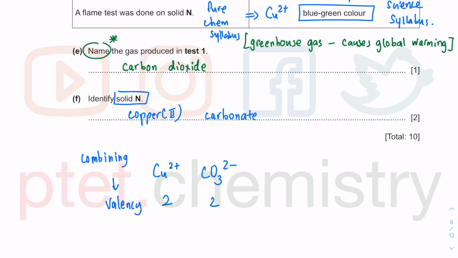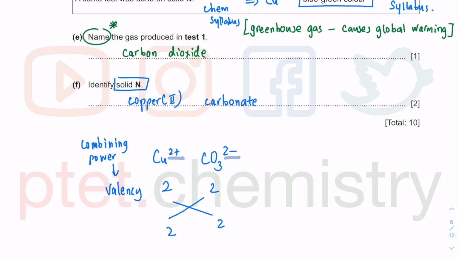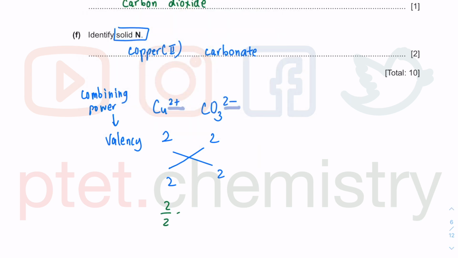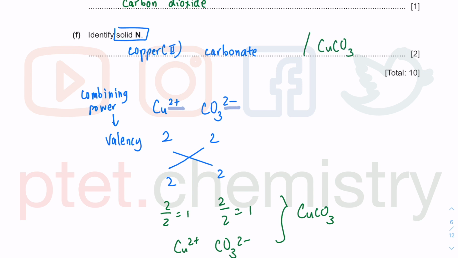This was all part of year 9. Chemical formula. When we do the crisscross, we are exchanging the valency, but we can simplify this into the simplest whole number, so that we get 1 Cu2+, 1 CO3 2-, CuCO3. Or you can write copper 2 carbonate, and that will be all for this 10 marks first question here.